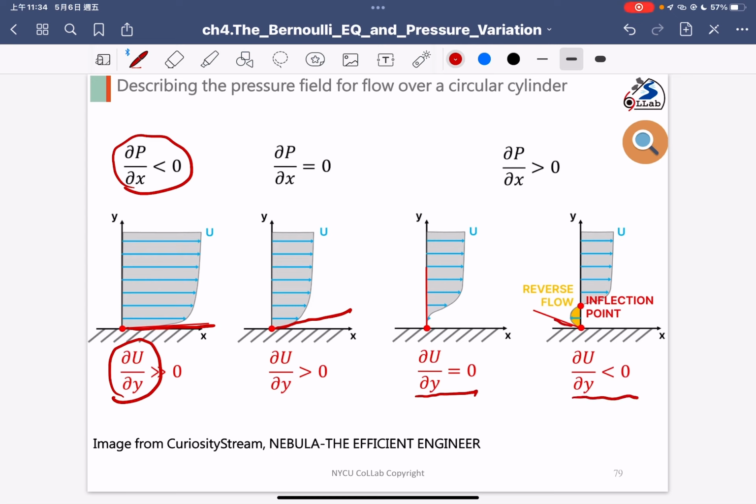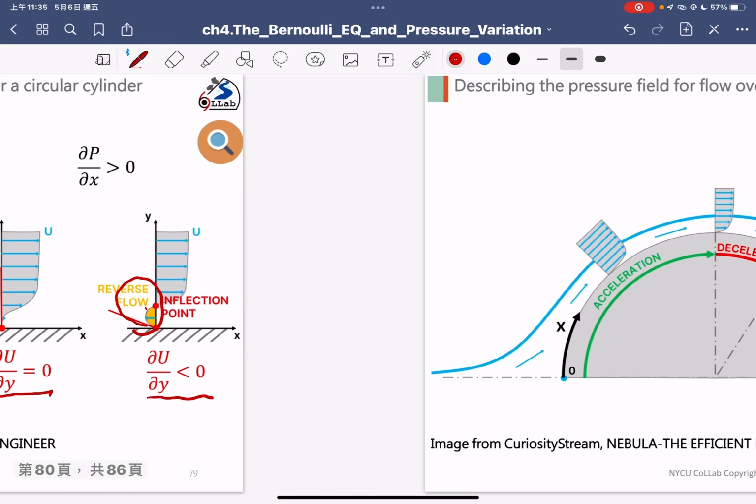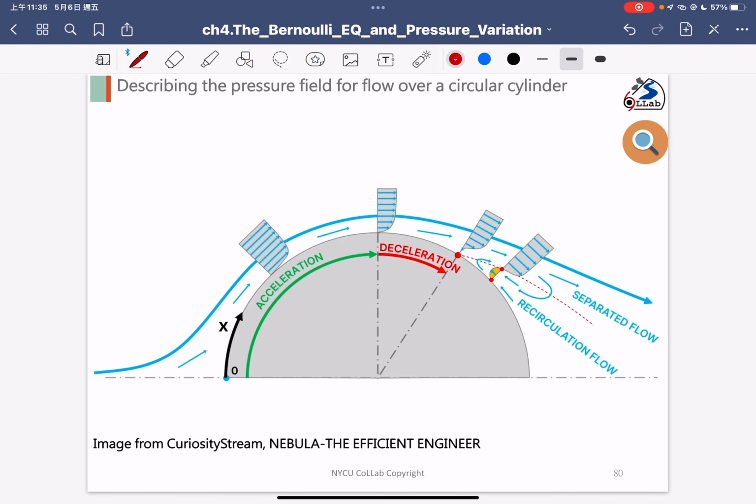That means there is some reverse flow because the flow velocity becomes negative in that area. We put the velocity gradient at different locations, and here you can see the adverse flow. So after this point, the flow will separate. Before this point, the flow attaches along the particle.